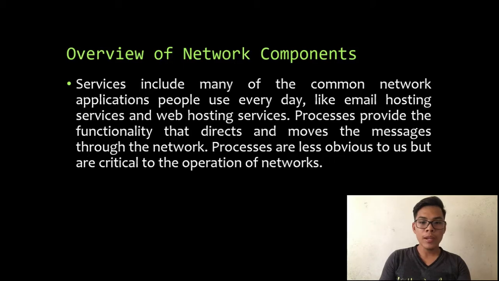Services include many of the common network applications people use every day, like email hosting services and web hosting services. Processes provide the functionality that directs and moves the messages through the network. Processes are less obvious to us but are critical to the operation of the network.